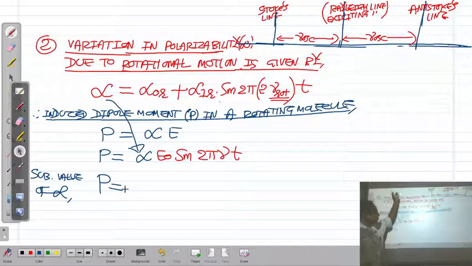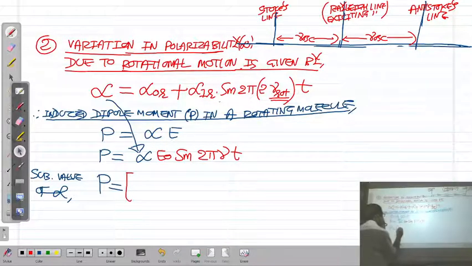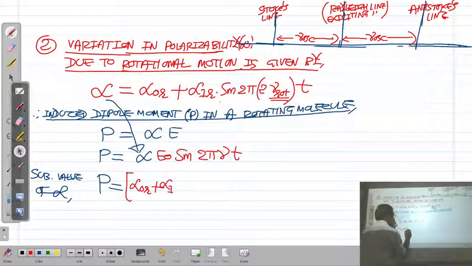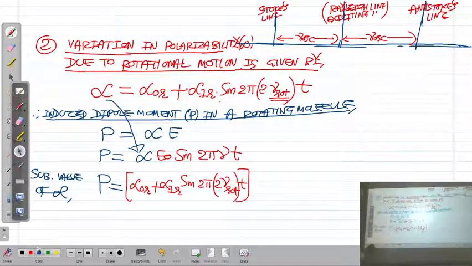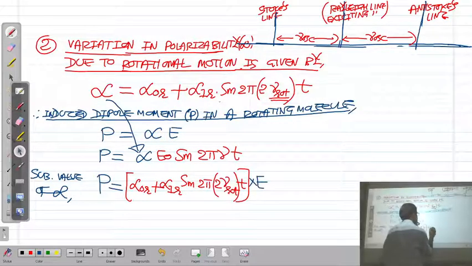Now the variation in the polarizability of the molecule due to rotational motion is given by alpha 0r plus alpha 1r sin 2 pi 2 nu rho into t, multiplied by E0 sin 2 pi nu t.